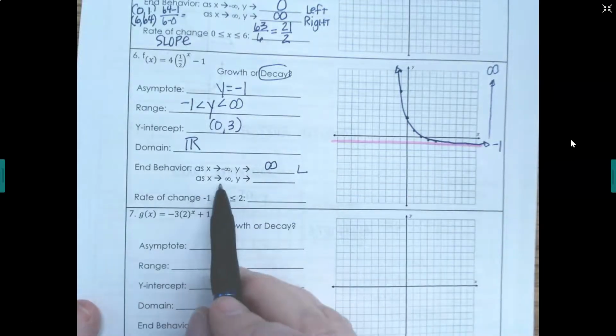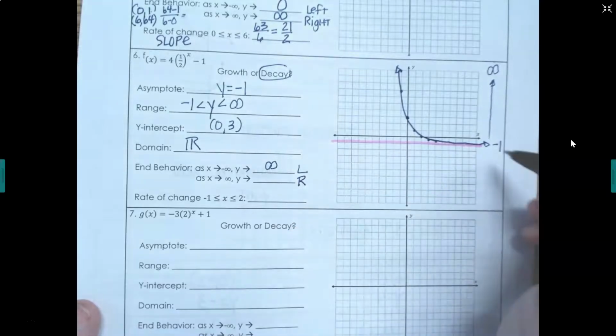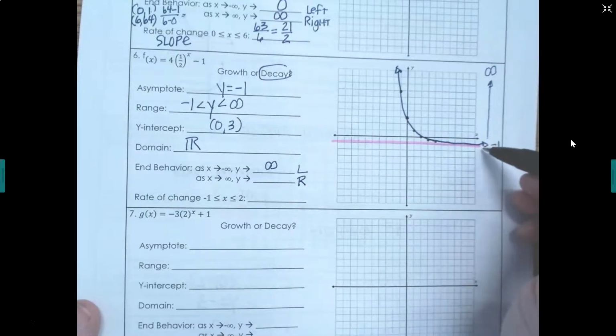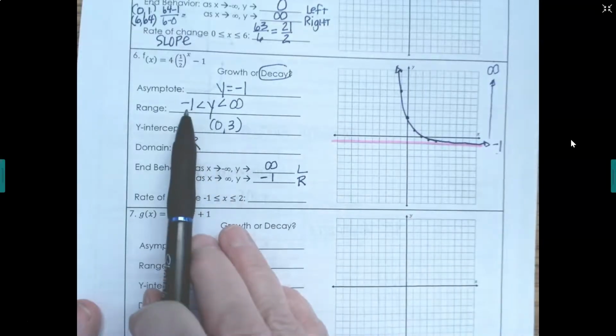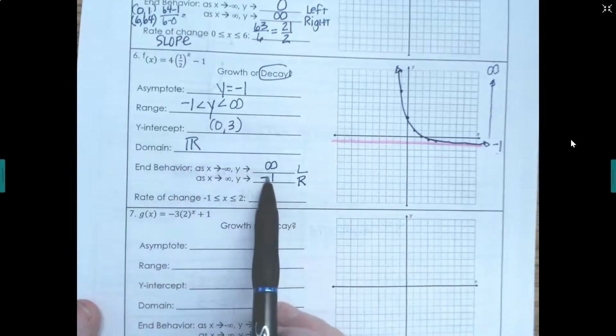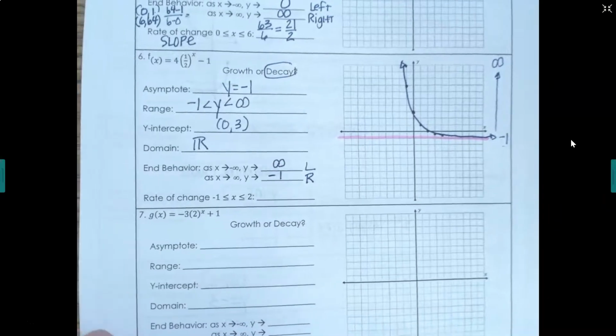And as x approaches positive infinity, that's the right-hand side of the graph. The y values, you see how they're right next to the asymptote there? And the asymptote is -1. So when I look, I've got -1 and infinity on my range, and I have the same thing on my end behavior. That will always happen because they match together.